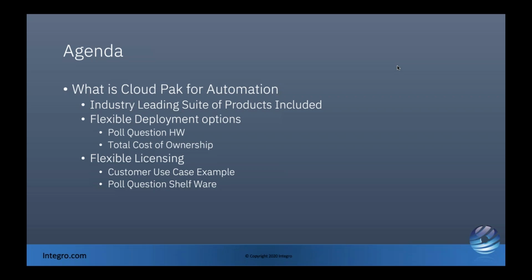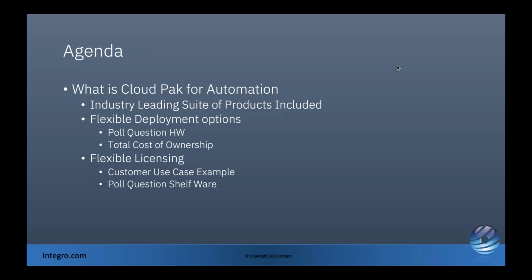It's flexibility in the licensing. So I'm going to talk a little bit about that after Bill's gone through some of the advancements in the products that I mentioned earlier. I'm going to dive into some examples of how the licensing can be leveraged to really better your situation and avoid some of the common pitfalls when it comes to licensing software products.